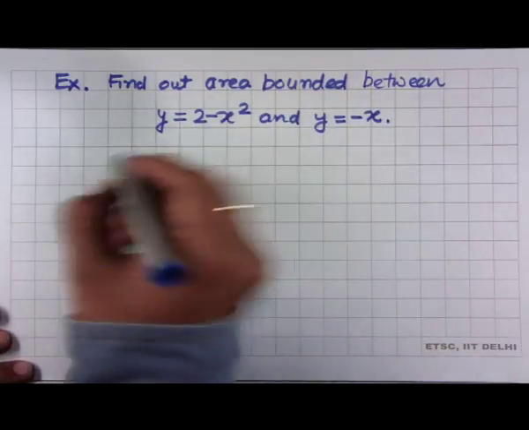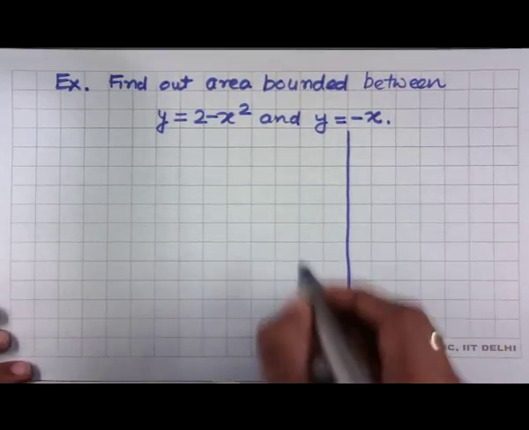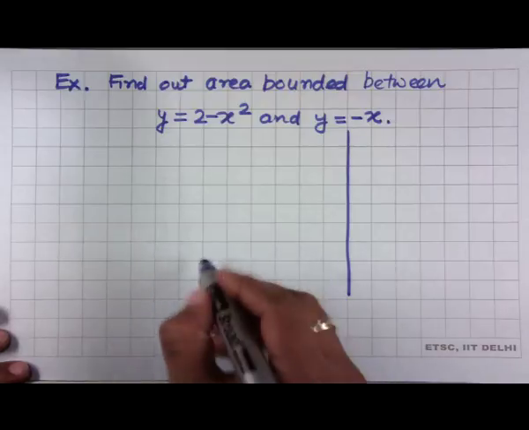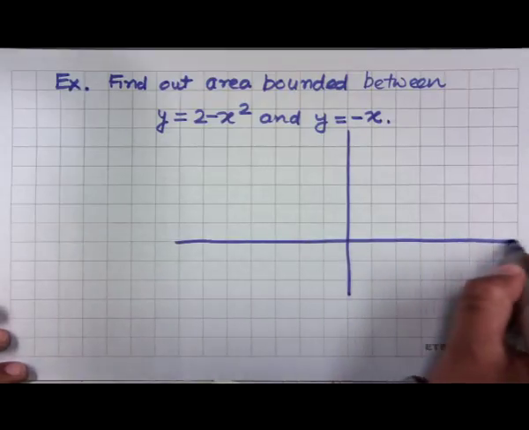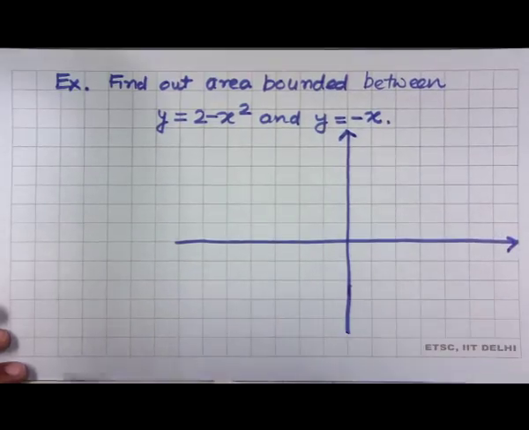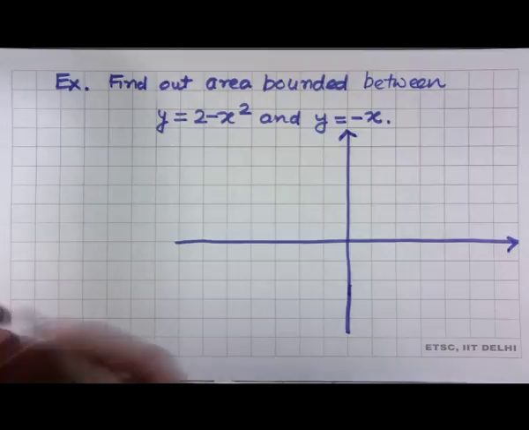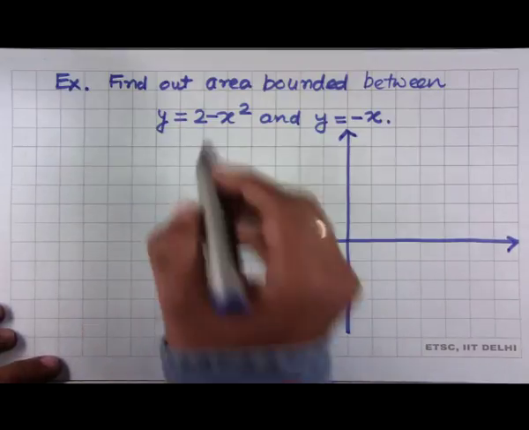At the very first step, for every problem on area, you have to have some idea about the region, where it lies, whether it is on the positive side or the negative side. So, plotting is a must.